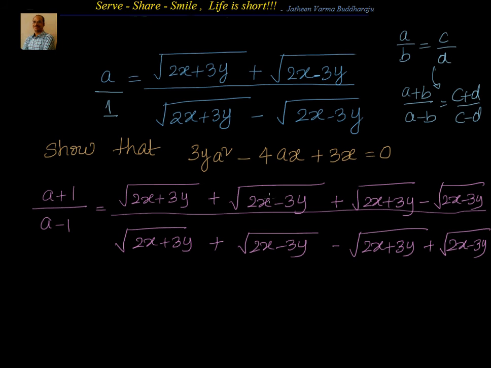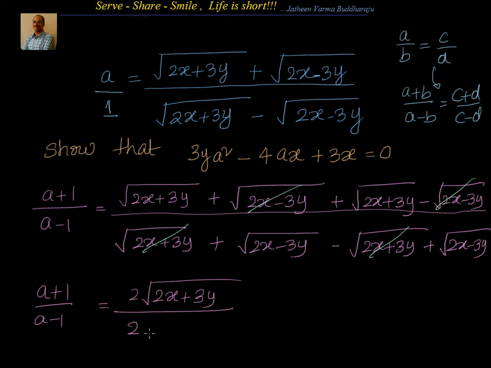Now let's do the cancellation part. When I do the cancellation, I will have root of 2x minus 3y in the numerator cancelling off, and in the denominator I will have root of 2x plus 3y cancelling off. The next step will be a plus 1 divided by a minus 1 is equal to 2 root 2 into root of 2x plus 3y divided by 2 into root 3y.